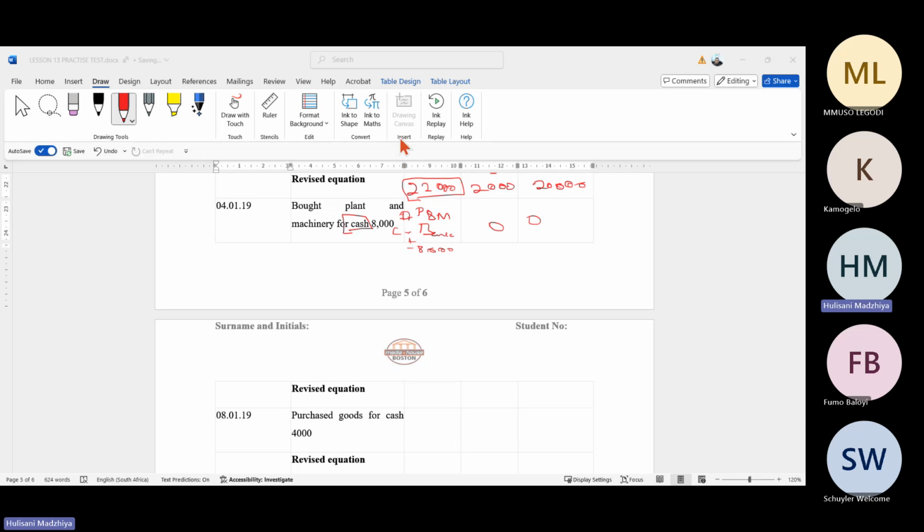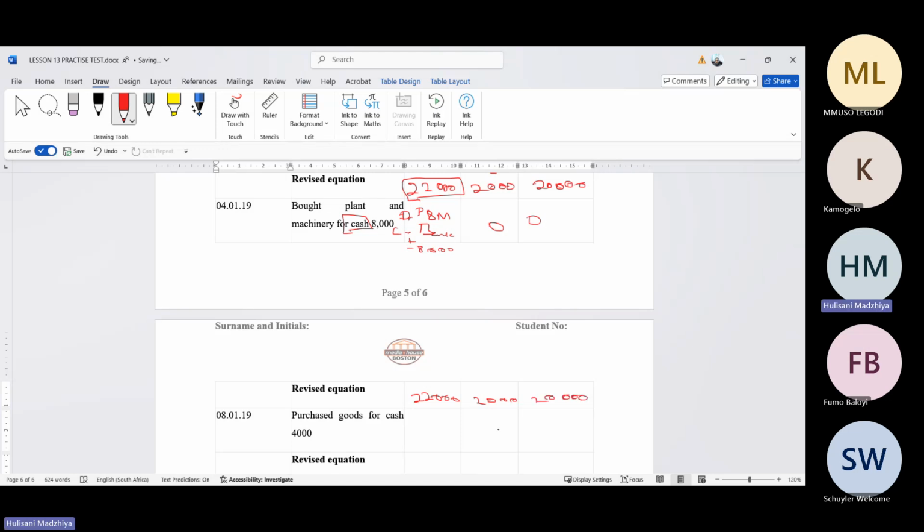Any questions? Okay, no questions. Let's move to the next part. On the revised equation, because here it's saying plus minus 8,000, this will cancel each other and we will still be remaining with 22,000, 2,000, as well as 20,000.